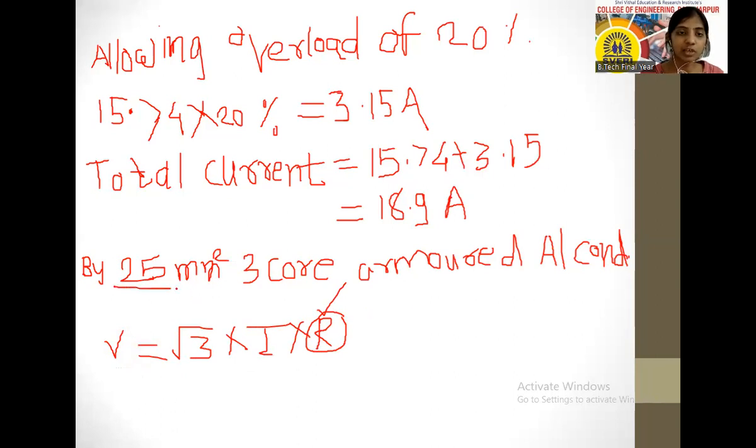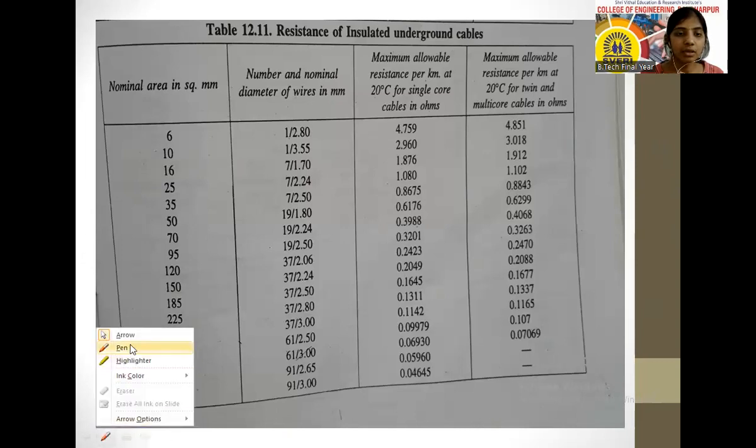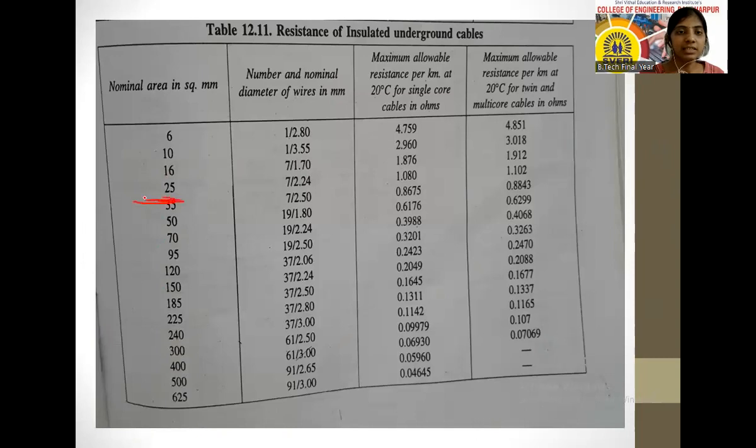So for this particular 25 mm square cable, how much is the resistance per kilometer? You have to check the resistance for the 25 mm square size, and we have selected the multi-core cable. Okay.